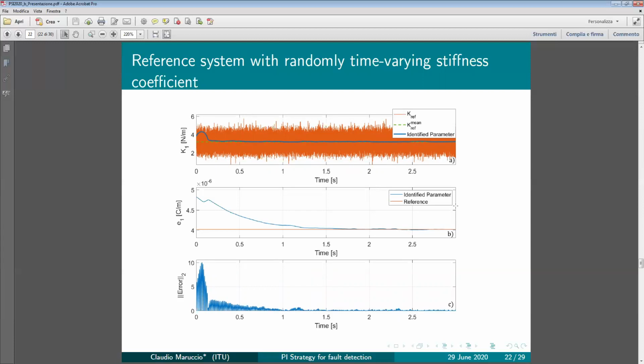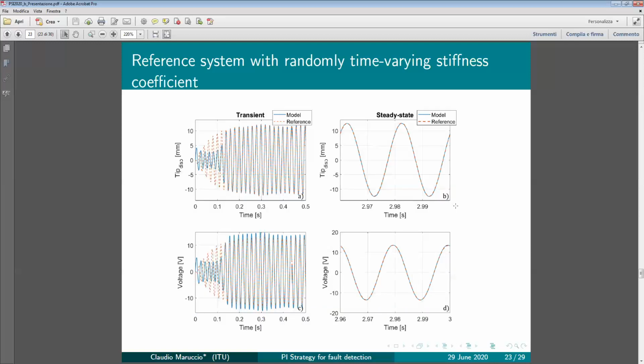And again, the system can identify the parameters, the blue curves, very effectively after 0.5 seconds. Again, you can see in the picture that the electric parameter E1 is identified correctly, as well as the stiffness value. And this is the synchronization for this case between the model response and the reference system response. The reference system is representing an ideal experimental value set.